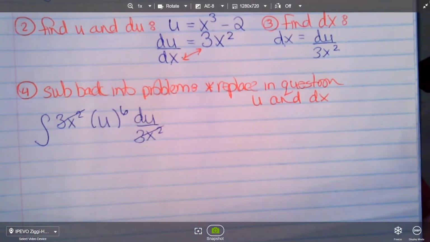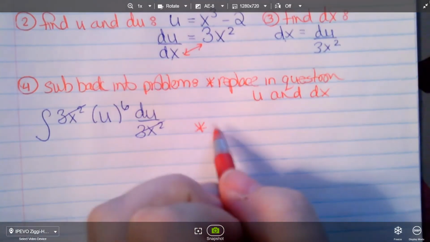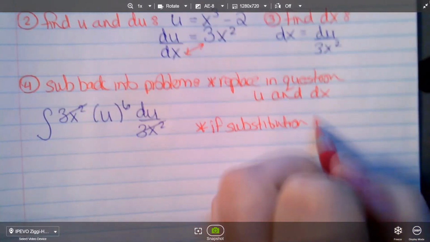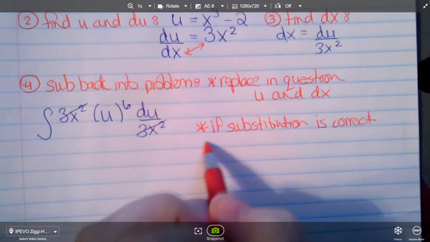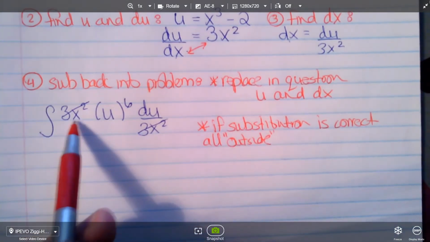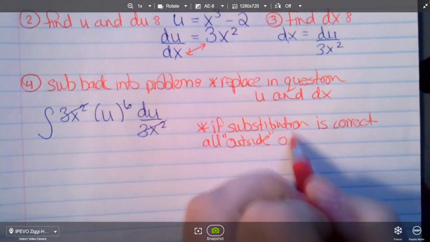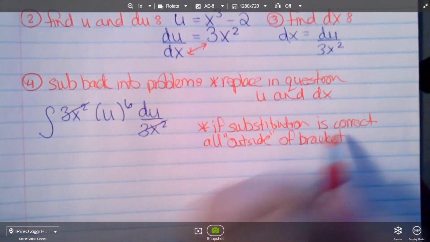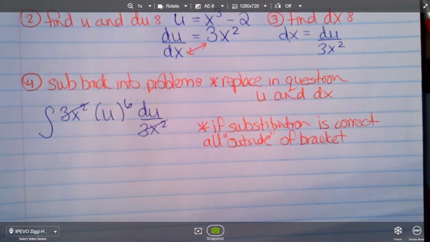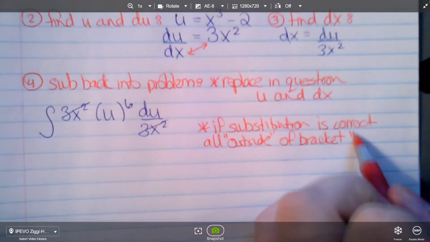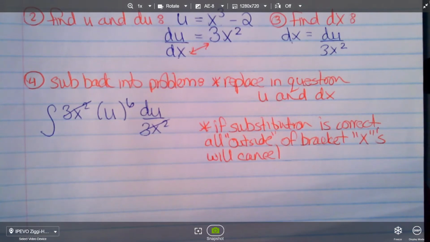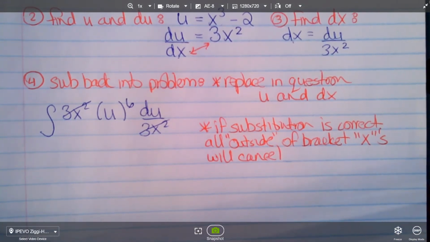If substitution goes right, so if substitution is correct, all the x's on the outside of the bracket, if there is any, sometimes there's no x's on the outside, if substitution is correct, all outside of bracket x's will cancel. And they do have to cancel, which means if you're left with even one x, that's a problem. Something has gone wrong somewhere.